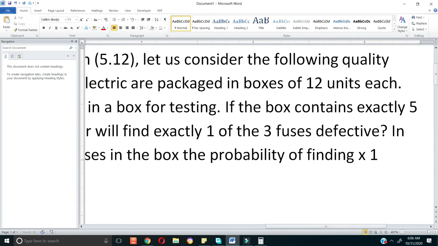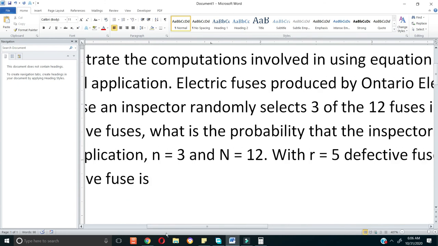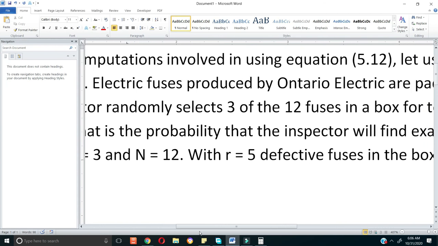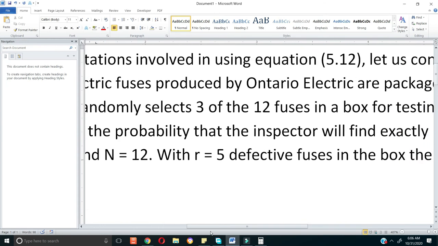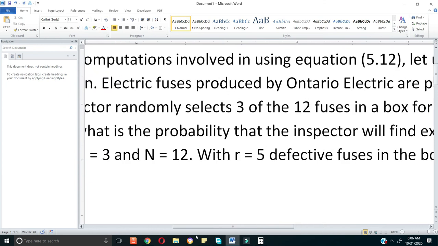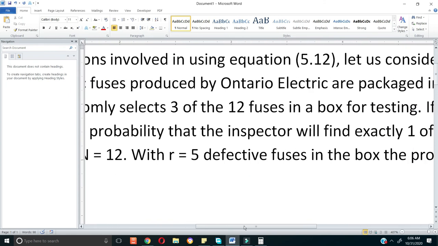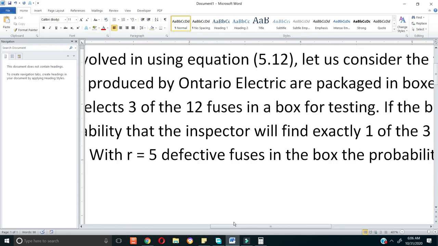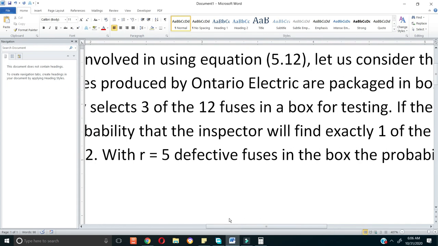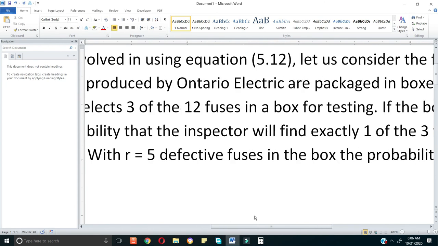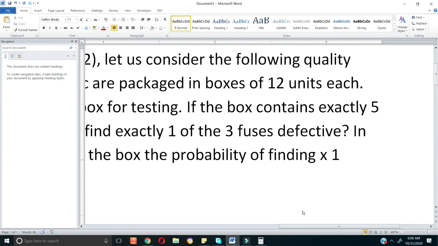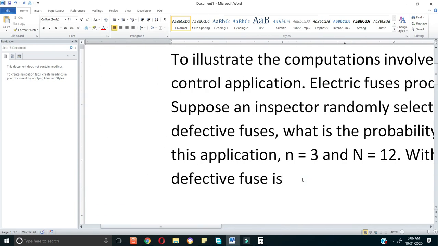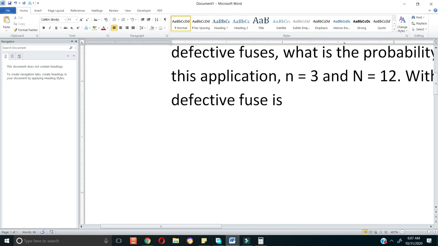Each box contains 12 units, and you want to inspect randomly and select 3 of the 12 fuses in a box for testing. If the box contains exactly 5 defective fuses, what's the probability that you find exactly one of the 3 that you've picked out to be defective? Here the X success actually means that you are picking a defective fuse.